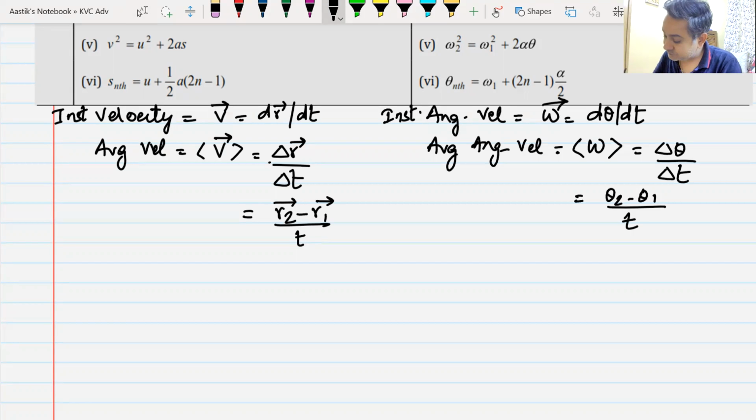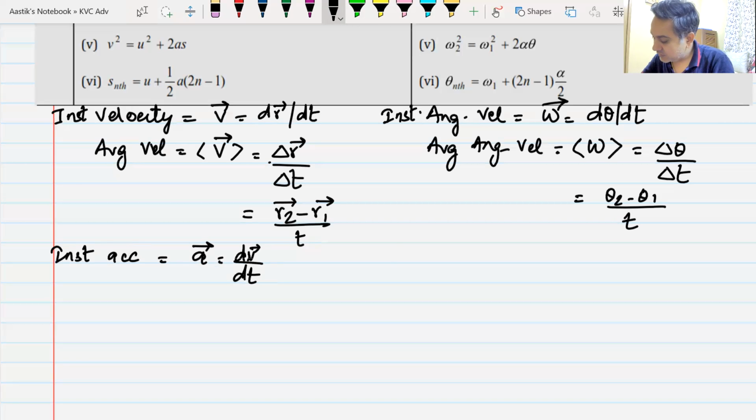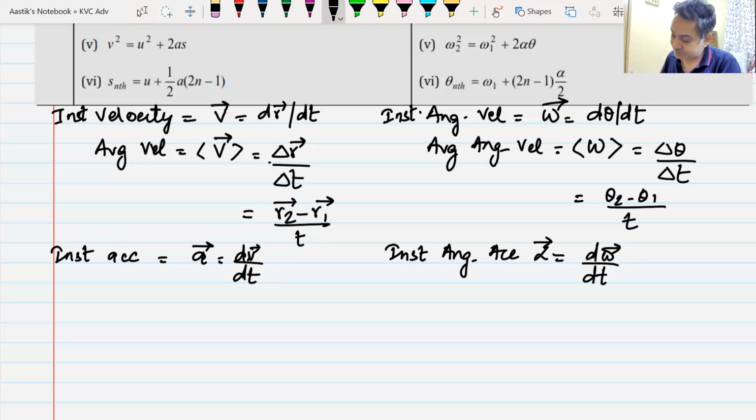Then we have instantaneous acceleration, which was a vector, dv vector by dt. Here we have instantaneous angular acceleration, alpha vector, d omega vector by dt.